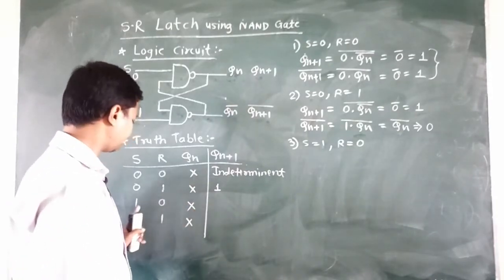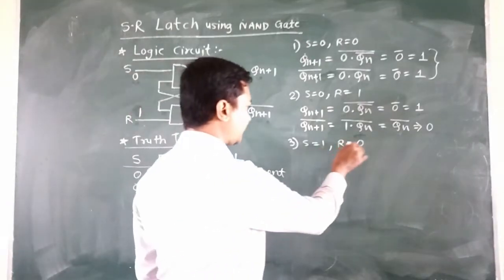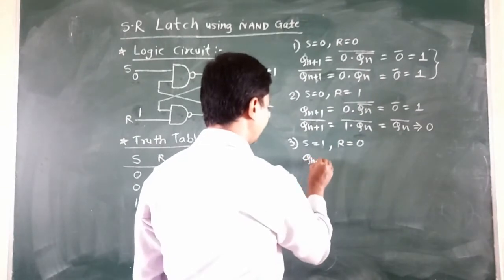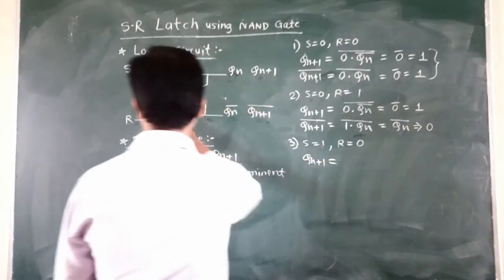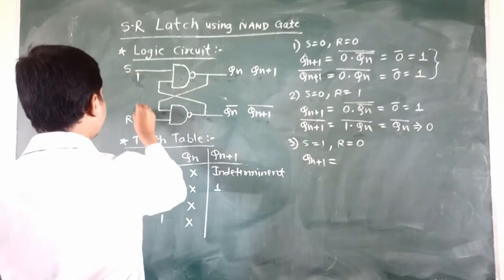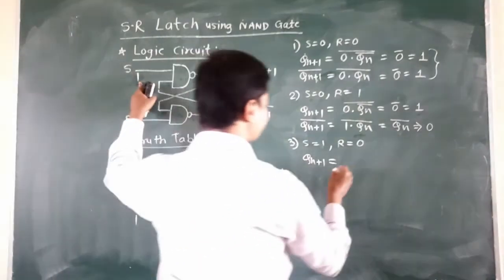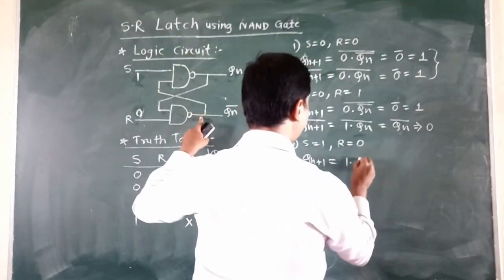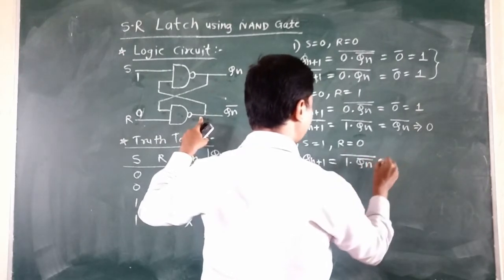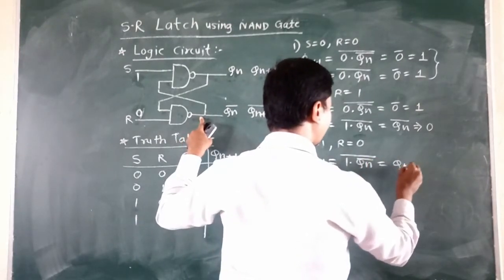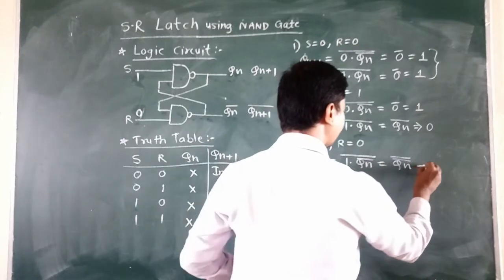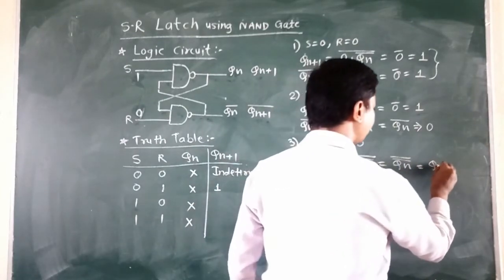Now for the third case, S equal to 1 and R equal to 0, Qn plus 1 will be, we will change the inputs to 1 and 0, so 1 dot Qn bar whole bar is Qn bar double bar. Qn double bar is equal to Qn.